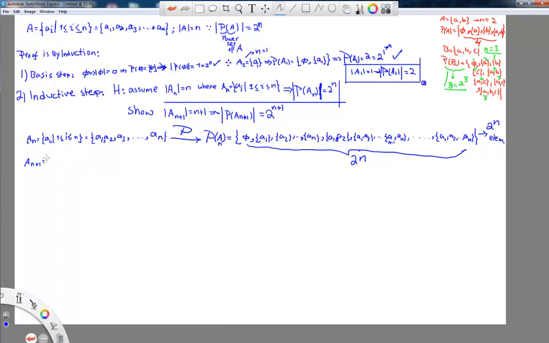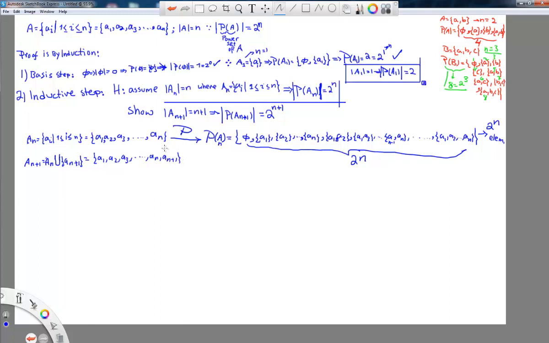So this element, then I'm going to create this new set that's made of A sub n union with the element A sub n plus 1, which basically then will be this set. It will be A sub 1, A sub 2, A sub 3, all the way to A sub n and A sub n plus 1.